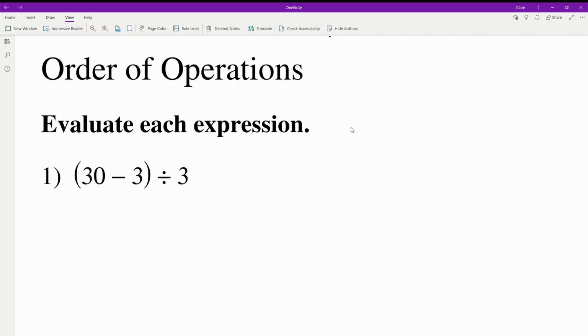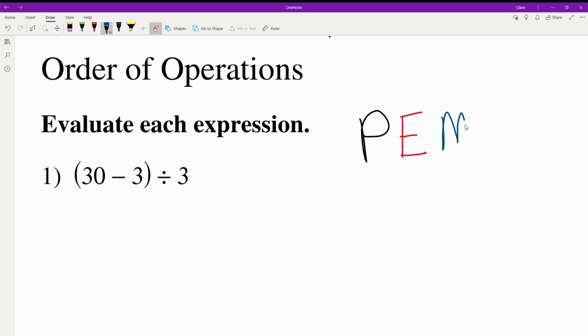First, parentheses, so I'll put a big P for parentheses, and then we have exponents. So PE, and then multiplication, but I want to note multiplication and division are in the same group. We do multiplication and division from left to right, whichever one comes first in our problem.